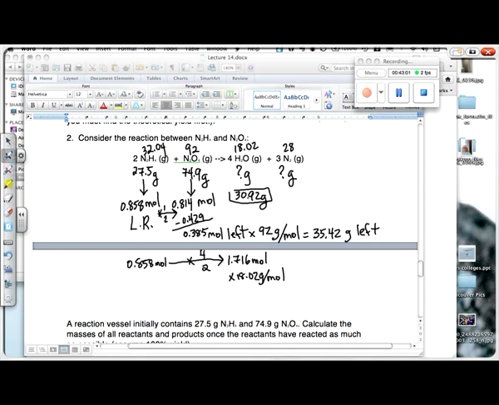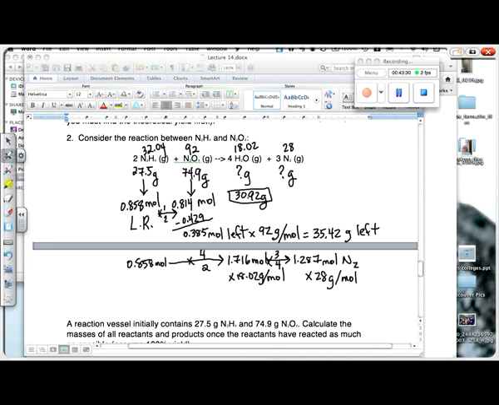Now I can use these moles here. I've used the limiting reactant, so I can just use the water to get the nitrogen. So times 3 over 4. And I get 1.287 moles of the nitrogen, and then times the 28 grams per mole.